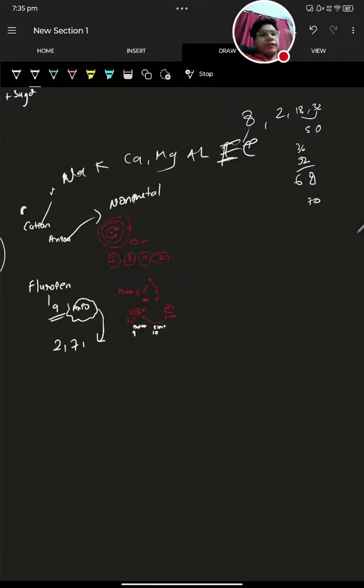Yeah, 2n square. So 1 is 2, 2 is 8, and 3 is 18, since 2 times 3 square is 18.